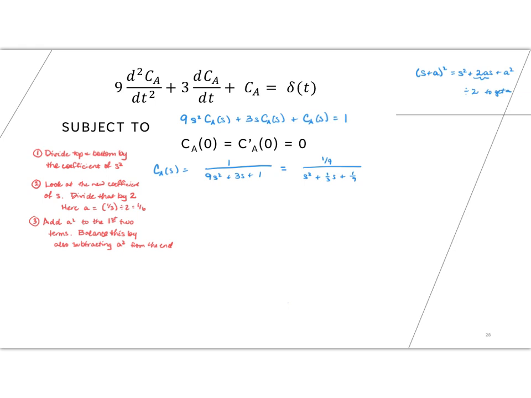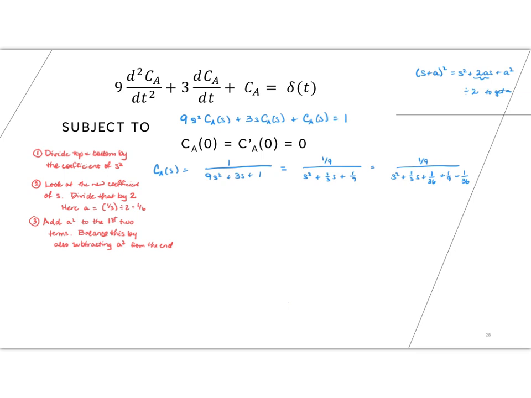I'm going to be adding 1/6 squared, so plus 1/36, and to make it fair, I'm going to also subtract that same amount, 1/36.